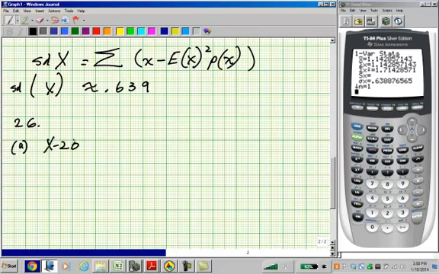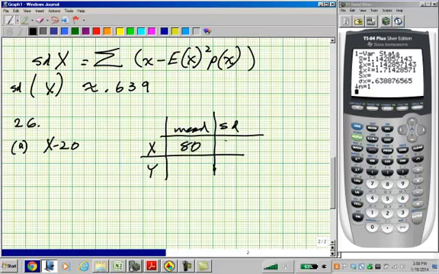Let's put them in a little table: mean, standard deviation, with x at 80 and standard deviation 12, and y is 12 and 3.